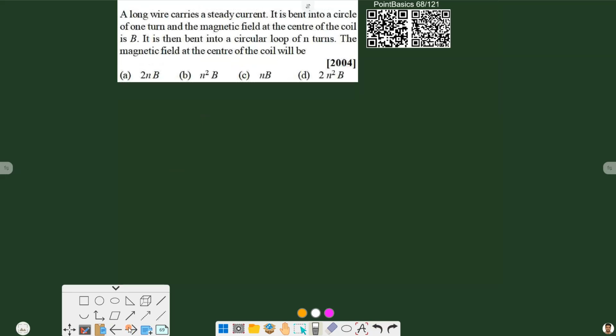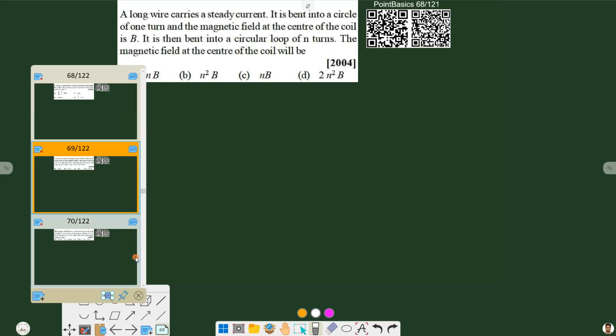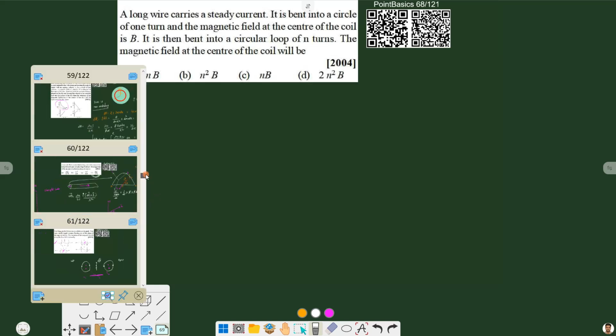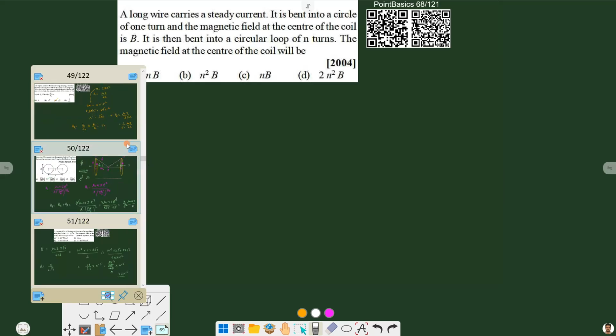Now here, a long wire carries a steady state current. It is bent into a circle of one turn and the magnetic field at the center of the coil is B. It is then bent into a circular loop of n turns. The magnetic field at the center of the coil will be? We have already solved this type of question. I think it was question number 47.